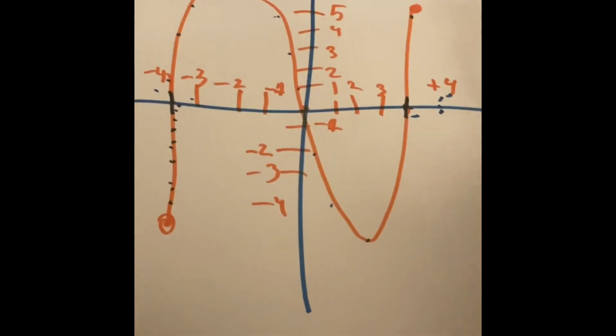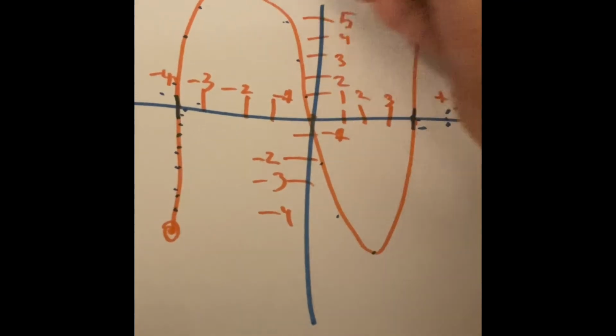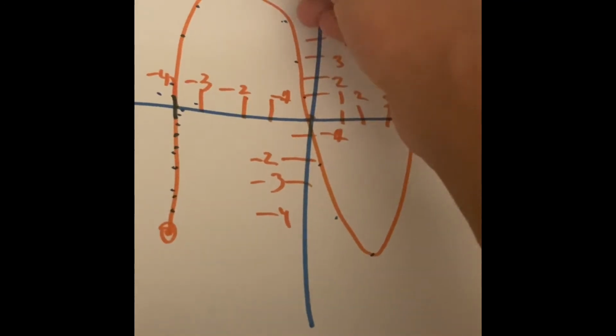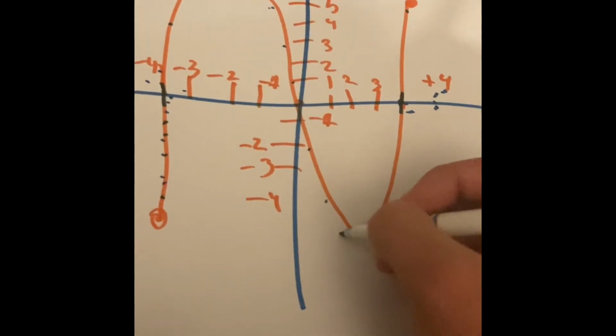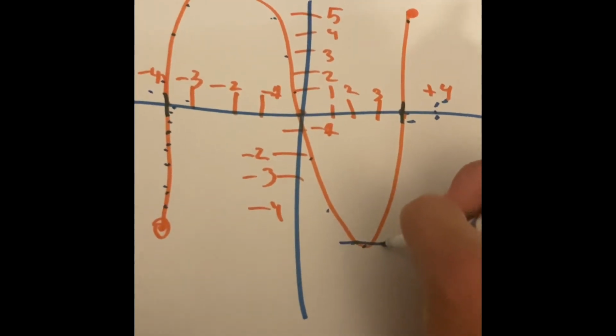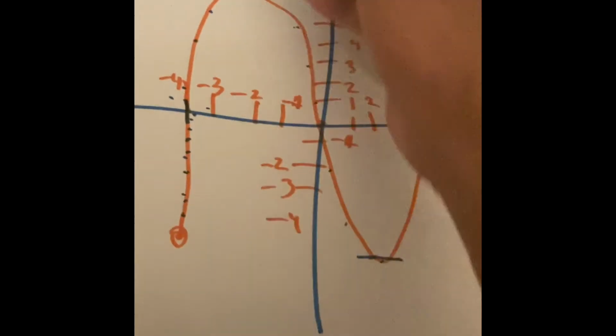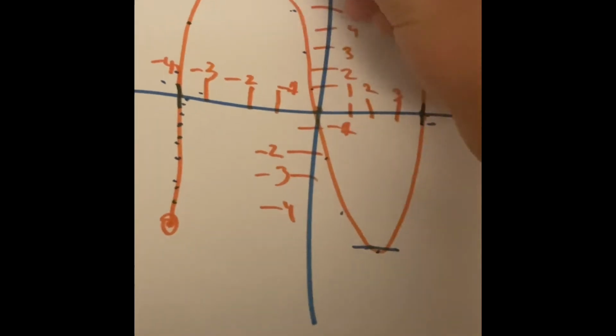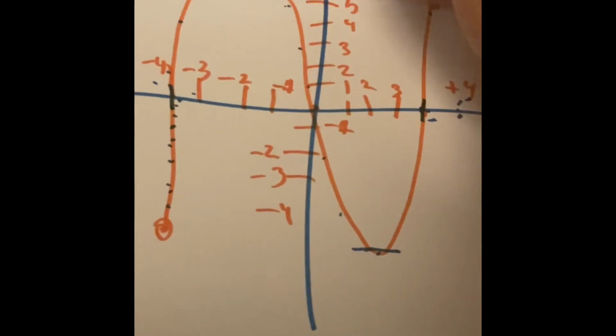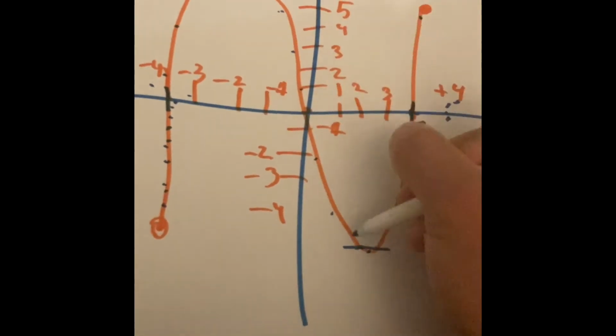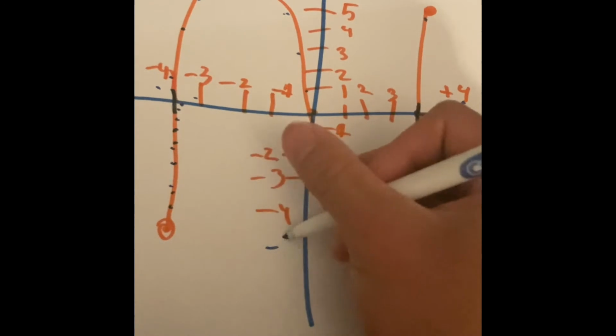To find the range of y, what we're going to take a look at is where the lines on the top and the bottom meet, and the function is going to be limited to in between those lines. So it looks like the top line is going to be 6, and the bottom line is going to be -5.